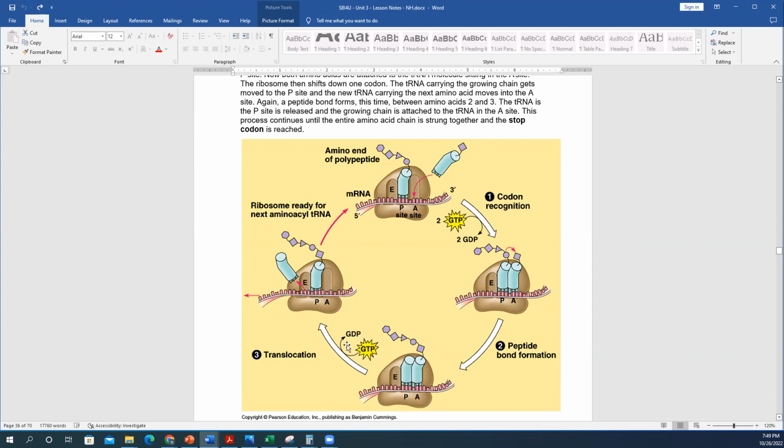And through, again, the energy of GTP, you get a translocation where the entire ribosome shifts along to read the next set. And so now the tRNA that was carrying the rest of the chain that was sitting in the acceptor site is now sitting in the peptide site.